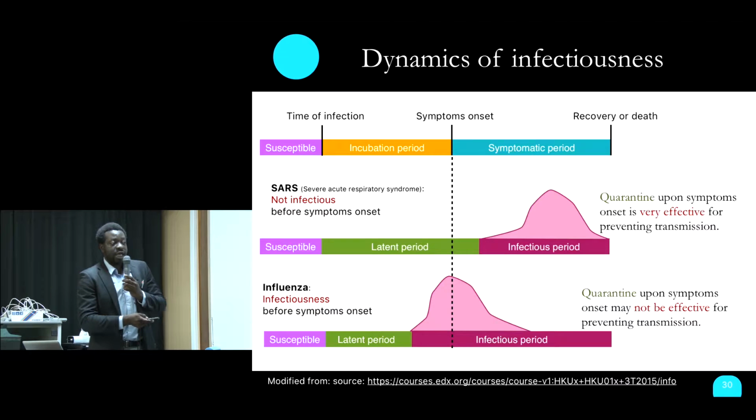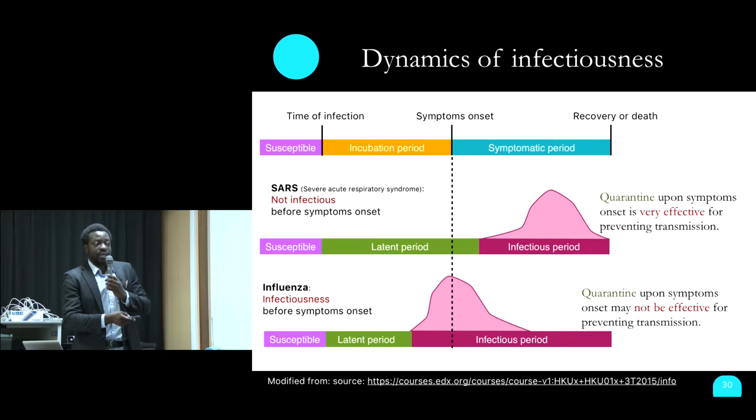However, when it comes to influenza, for example, generally, people become infectious before the onset of symptoms. So by the time you diagnose influenza, a sizable proportion of people have already transmitted the disease.